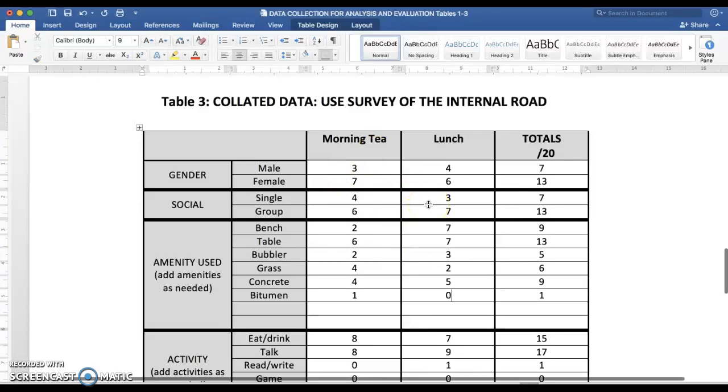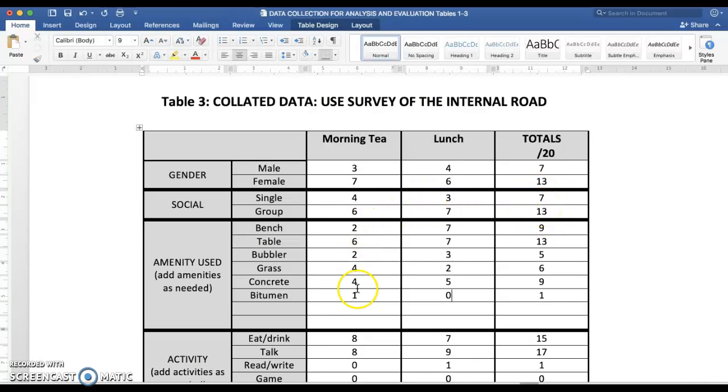So for morning tea, I had 3 males and 7 females, and my partner had 4 males and 6 females there, and the total was 20 altogether. So 7 plus 13 is 20. You need to have 20 as the total, otherwise you have not done something properly. Also for this single and group, when you add your totals up, they should actually add up to 20.